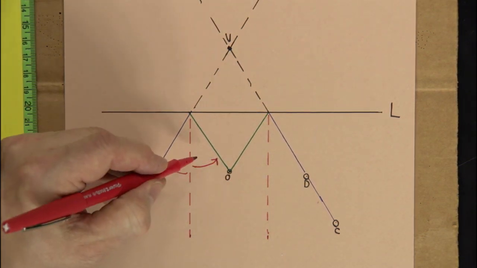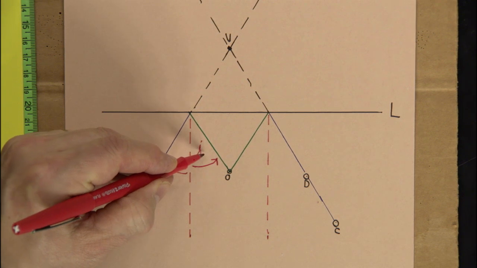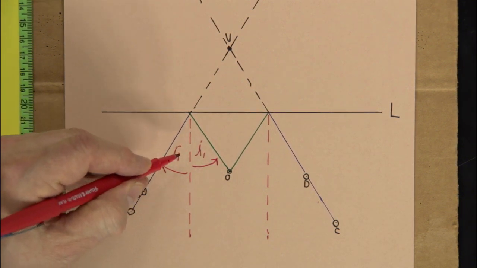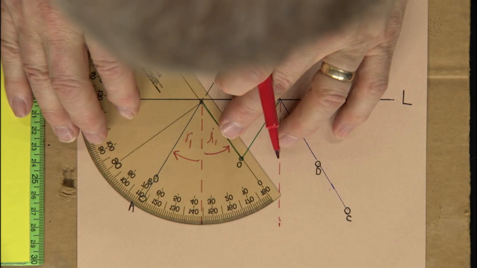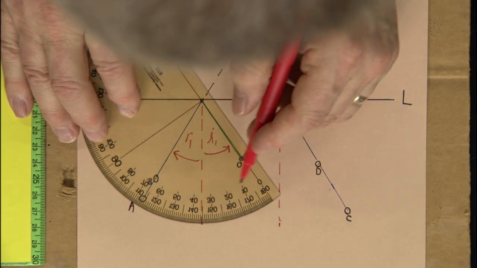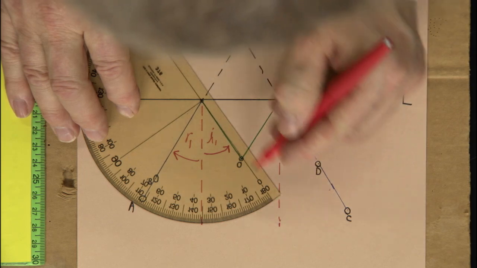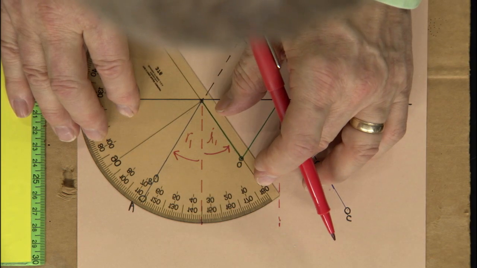This is the incoming, so incident 1, that's the reflected, reflected 1. And so now what I want to do is measure the angle of incidence and reflection. Now I know the numbers are backwards, but that's the only way because this line isn't long enough, so I have to use that on the short side.